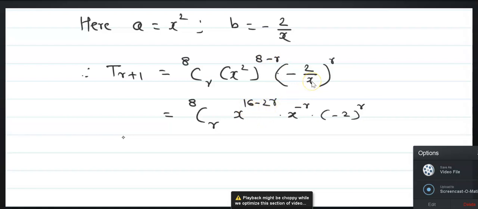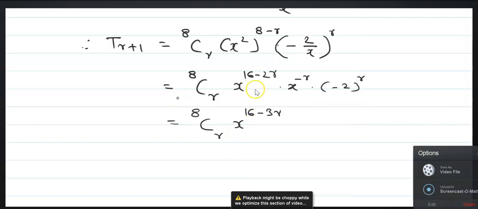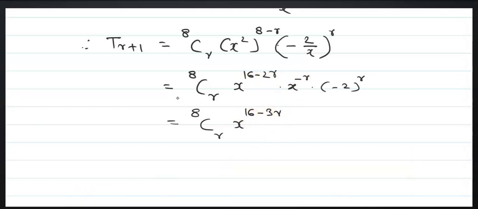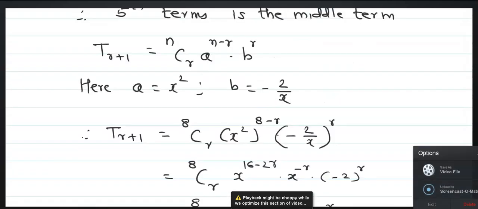Again 1 upon x raised to r means x raised to minus r, and minus 2 raised to r. Therefore, x raised to 16 minus 2r and minus r, therefore x raised to 16 minus 3r, into minus 2 raised to r.